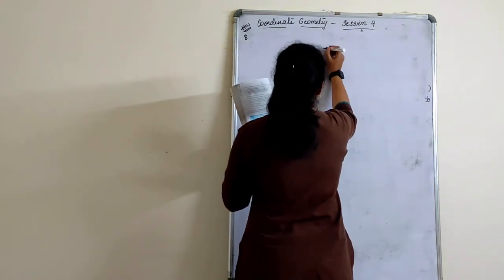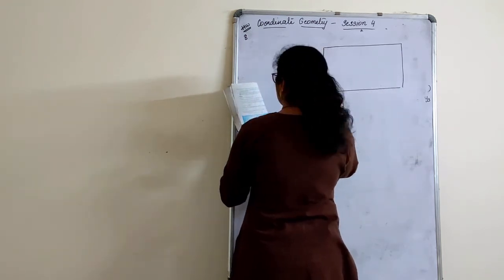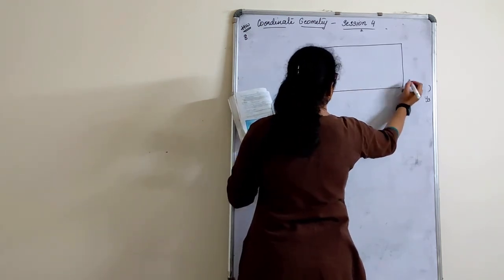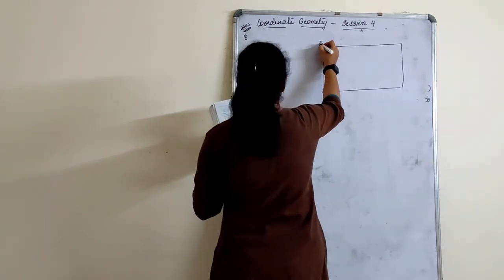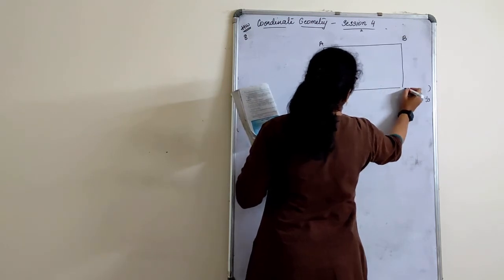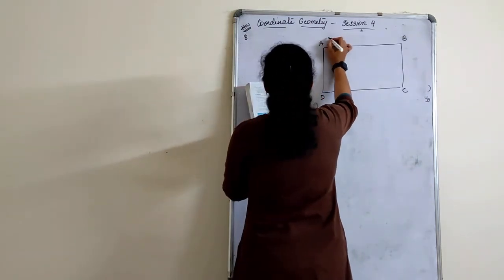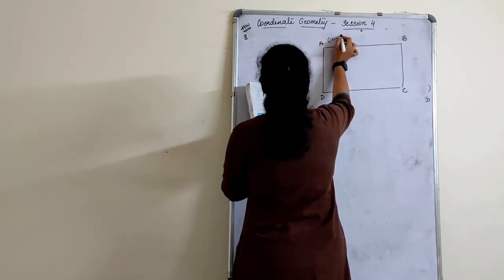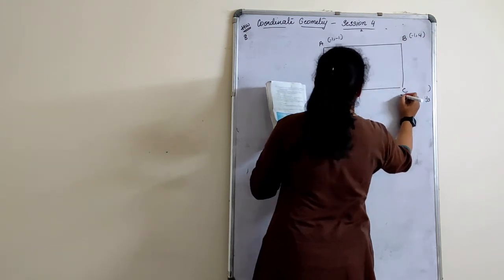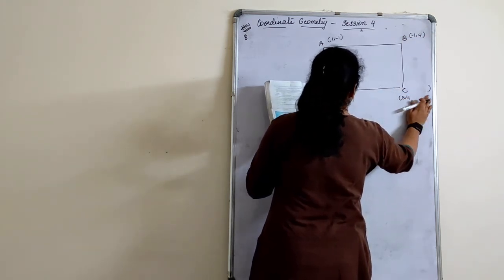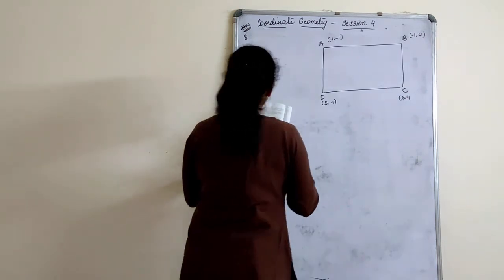ABCD is a rectangle. A, B, C and D. And the points are (-1, -1), (-1, 4), (5, 4) and (5, -1).